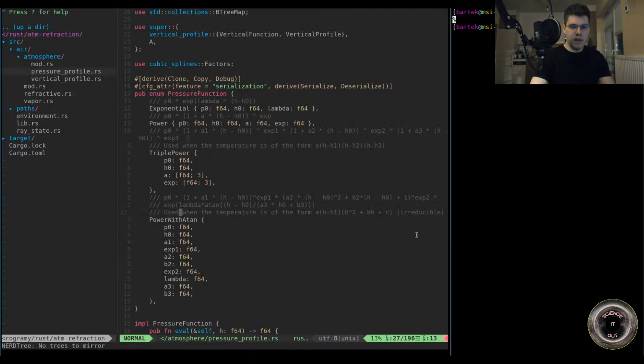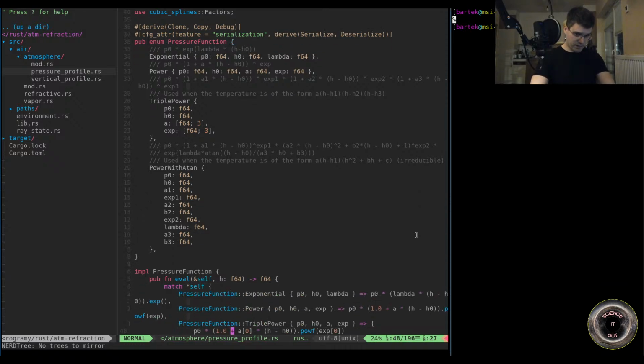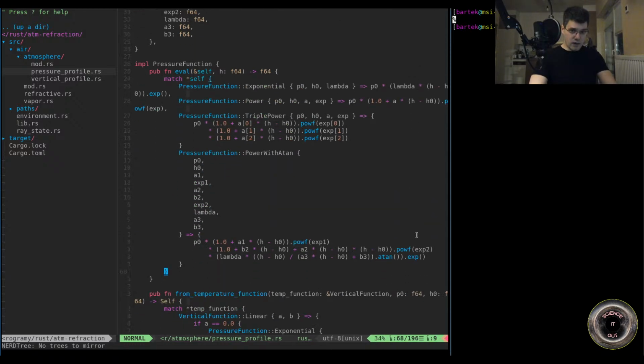All of this is here in the code, so you can see that this is P0 times 1 plus A1 (H minus H0), etc., etc. And this is basically a lot of crazy stuff, and then all of the constants are defined here. Yeah, and then basically if it's this, then it calculates it as it was defined.